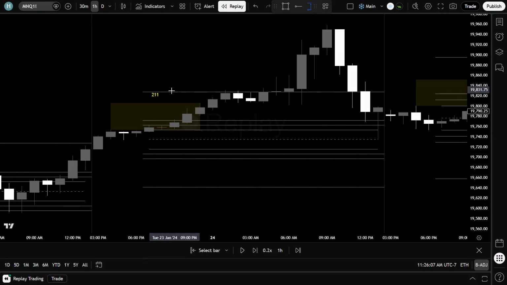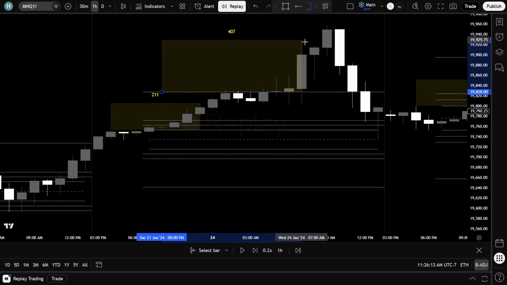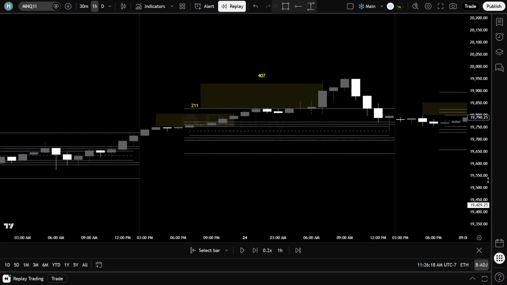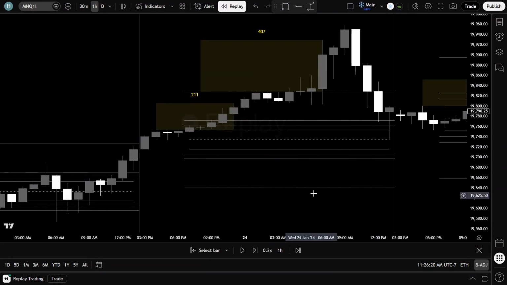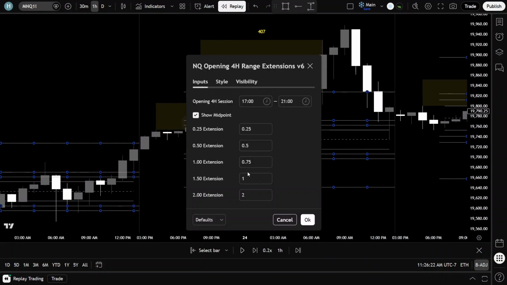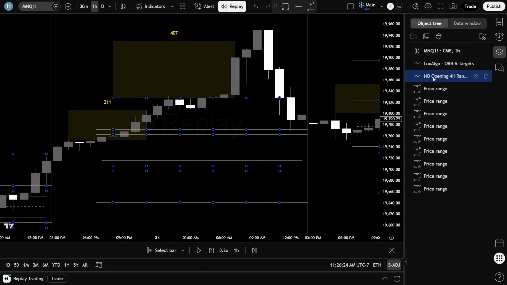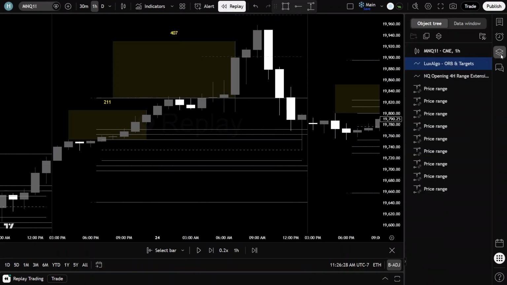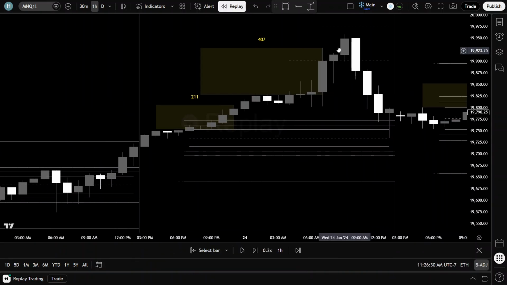But if you did play that, 80 ticks, pretty much lost that. I don't really have any targets for that. I mean, you could have played all that, but the amount of risk wouldn't be worth it.